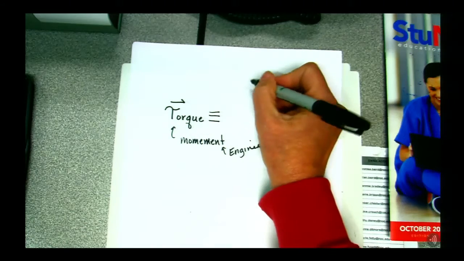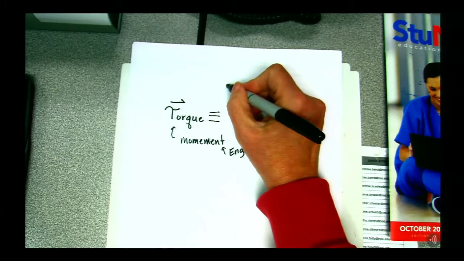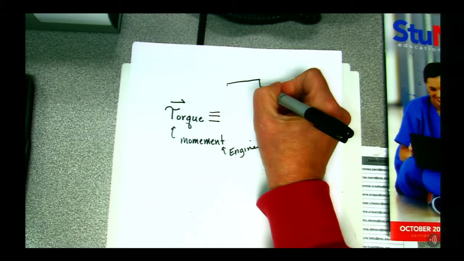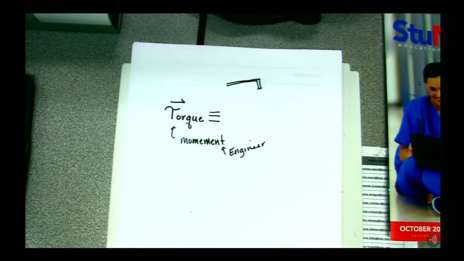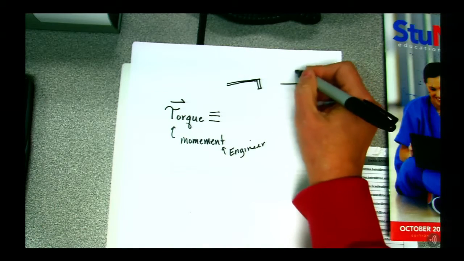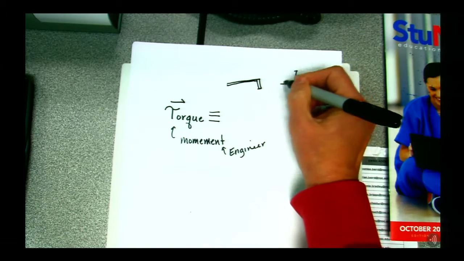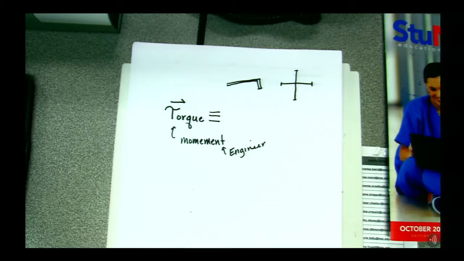because if you've ever had a flat tire, you have one of two types of tire irons, right? You've got that type of tire iron, and you've got the type of tire iron that looks like this, the cross type of tire iron. You've got those two types of tire iron. And I will tell you that everybody has a preference for which tire iron they use.